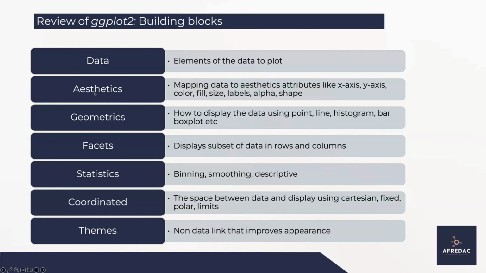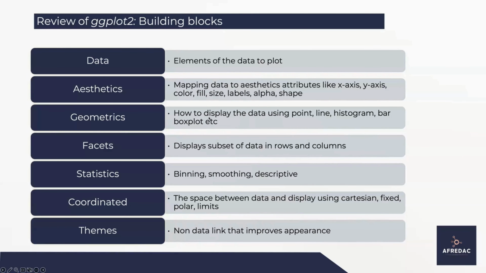Number 2, aesthetics, okay? So you have to map the data to aesthetic attributes like x-axis, y-axis. If you're using markers, how do you want to fill those markers? What is the size? Should they be transparent and all those kinds of things? Okay. Then we have geometrics. If you want to actually show distribution, what kind of a plot should you use?